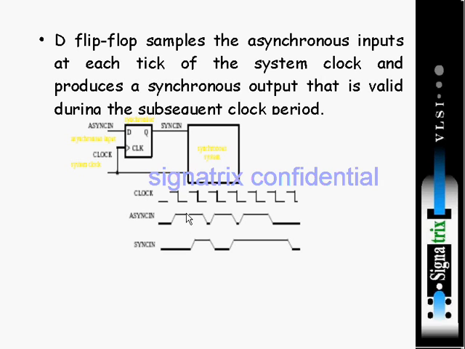Again it is sampling. So here what is it receiving? Logic level 1. So that's why it is maintaining logic level 1 for the next clock cycle. But look at here, what's happening? Here logic 0, right? It's maintaining. So this is a D-flop clocked synchronous system.